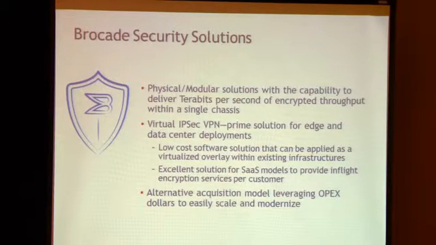It would be nice to have a platform that grows with me, where I can have a modular appliance of my choosing, smaller ones, mid-sized ones, larger ones, where I now have modular solutions I can install in it that gives me gigabits of encrypted throughput. And then I can expand that as I need to, as my requirements dictate.